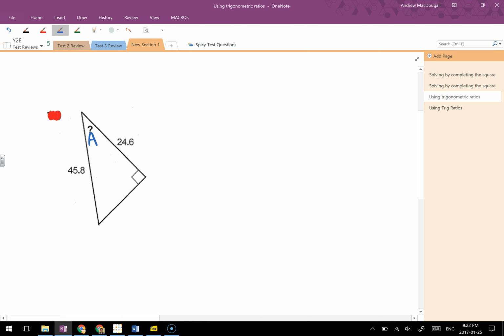So relative to A, let's label this triangle. We have the opposite side, which is not really part of this problem, so we probably won't use a ratio that involves the opposite side. We have the hypotenuse across from the right angle. That's 45.8. And 24.6 is the adjacent side. So we can see, we know the adjacent and the hypotenuse.